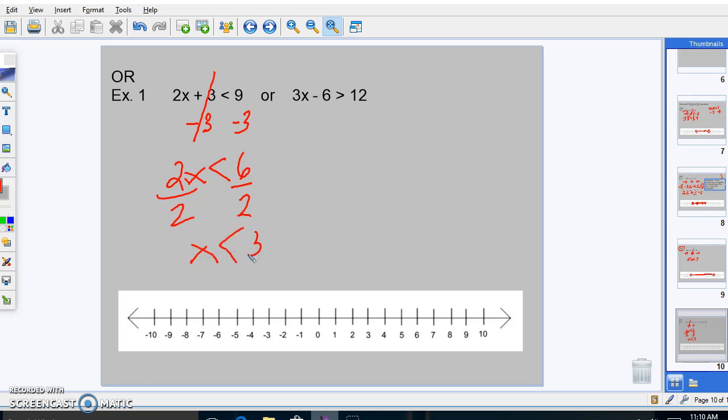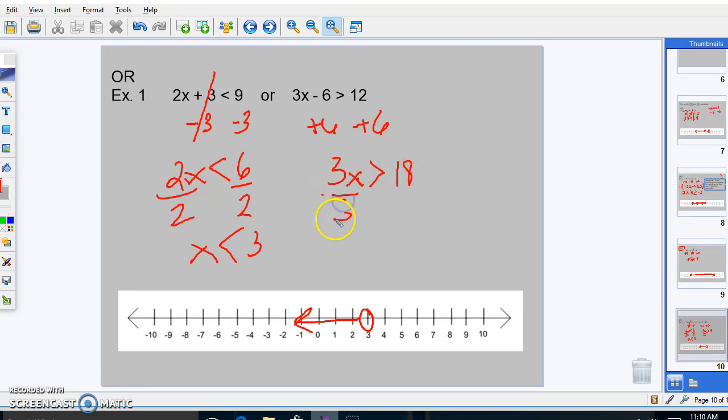I did not multiply or divide by a negative. My inequality stays the same. So x is less than 3. I would have an open circle at 3, arrow pointing to numbers that are smaller than 3. My second inequality, I would add 6 to both sides. That leaves me with 3x is greater than 18.